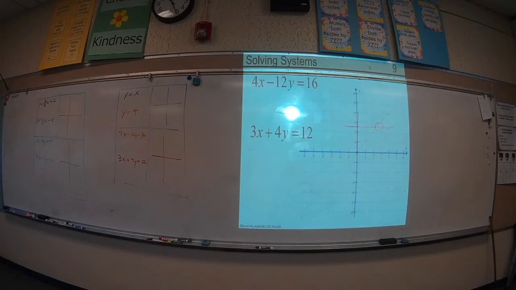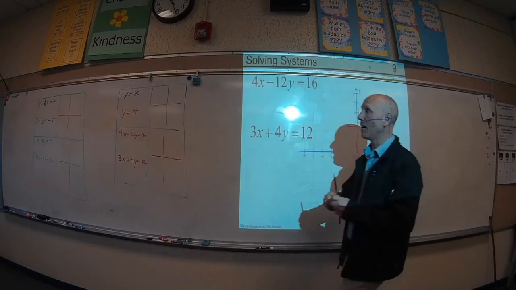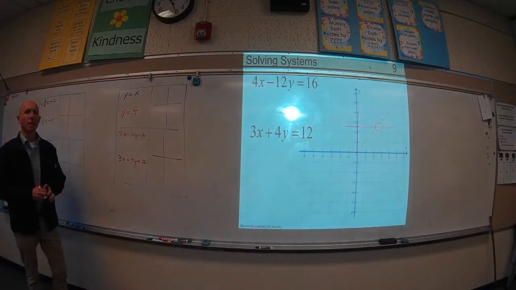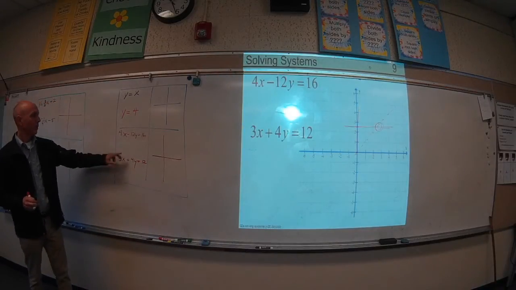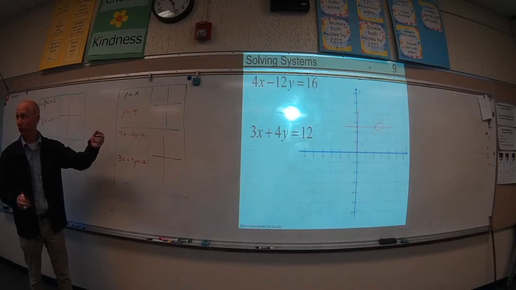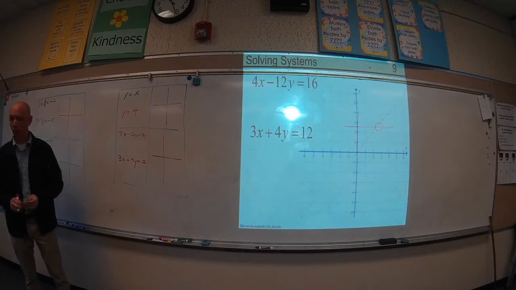Go to this box right here. Write down both equations and turn them into 2 mini equations and solve it. Do not graph it until I've checked your work.